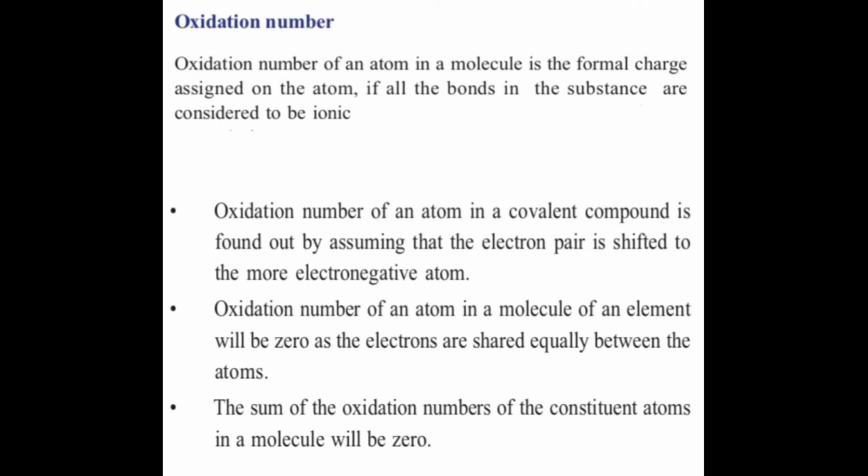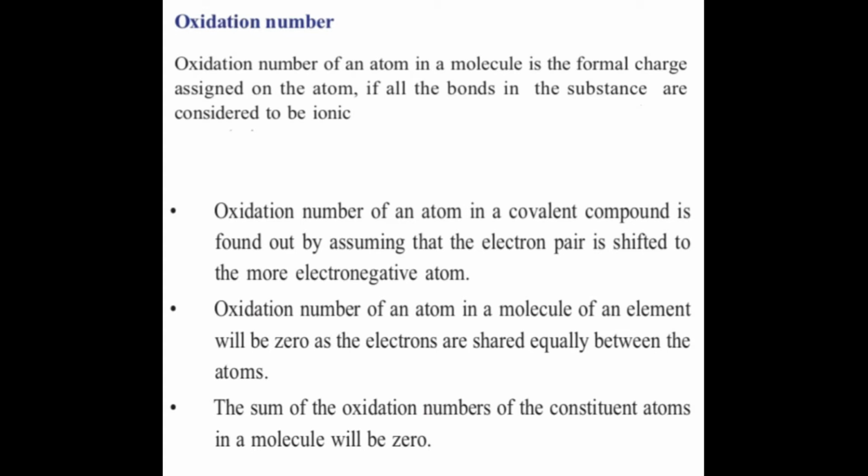First is the oxidation number. Oxidation number of an atom in a molecule is the formal charge assigned on the atom if all the bonds in the substance are considered to be ionic. And let us see the rules one by one. The first rule is: the oxidation number of an atom in a covalent compound is found out by assuming that the electron pair is shifted to the more electronegative atom.